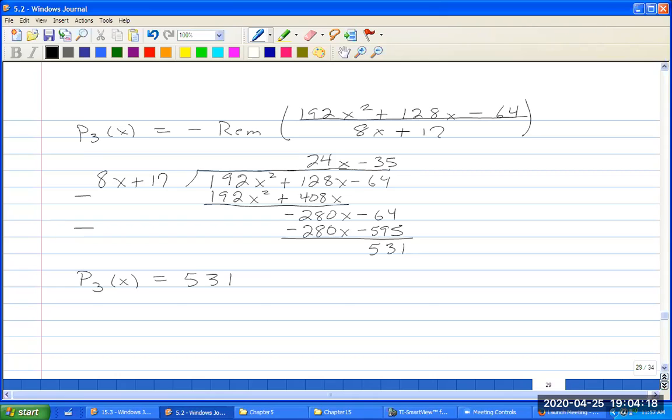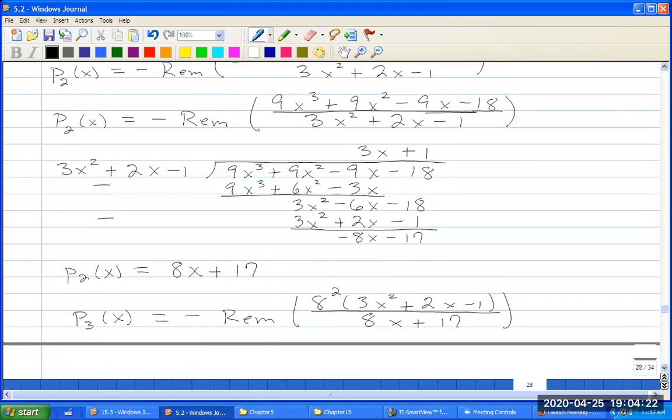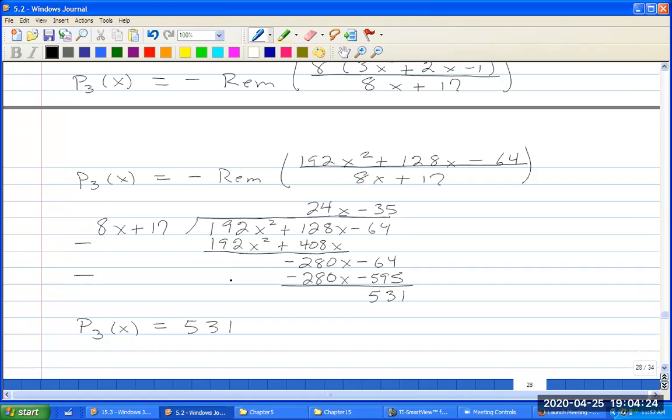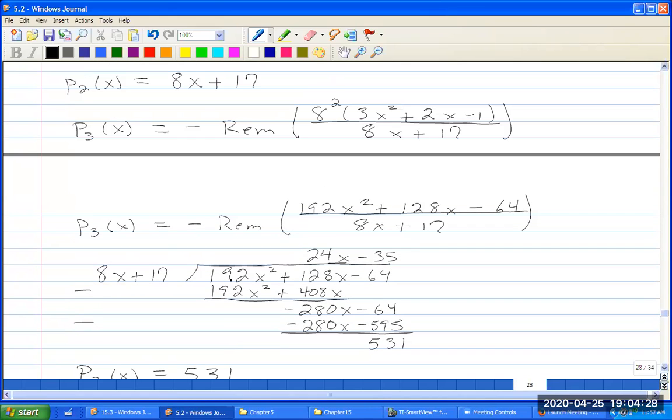Now, of course, notice that I'm going to now divide a polynomial of degree 1 by a polynomial of degree 0. And so my remainder is just going to be a polynomial, well, 0.